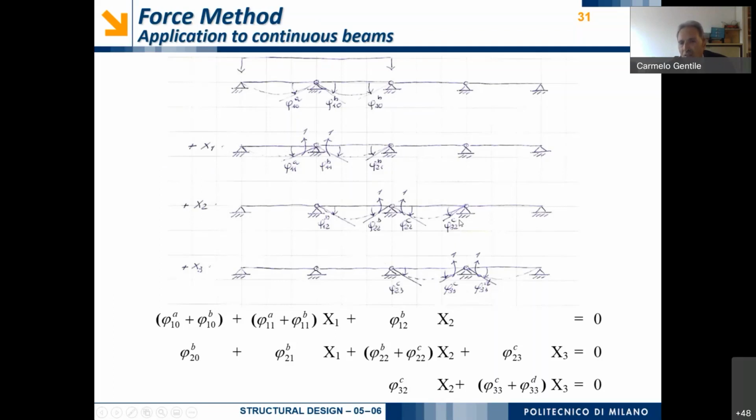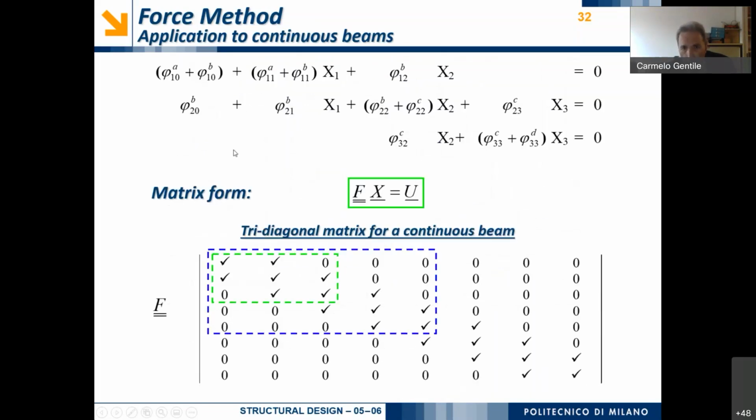On the other side, there is the effect of the second bending moment x2, and this effect will be equal to phi32C times x2, okay, plus the effect of x3, and the effect of x3 is x3 times phi33C plus phi33D.